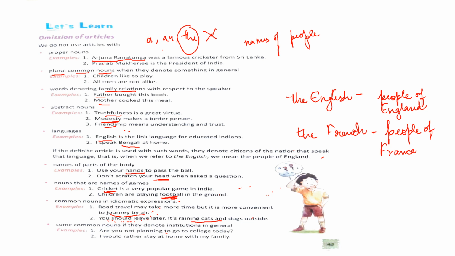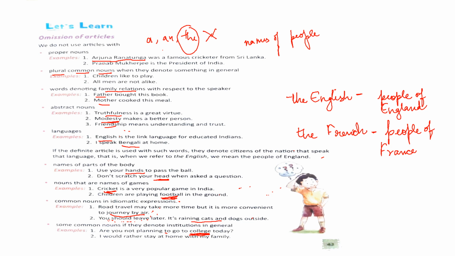Next, some common nouns if they denote institutions in general. You'll understand this with an example. "Are you not planning to go to college today?" In this sentence, college is a common noun and it is denoting an institution in general, right?